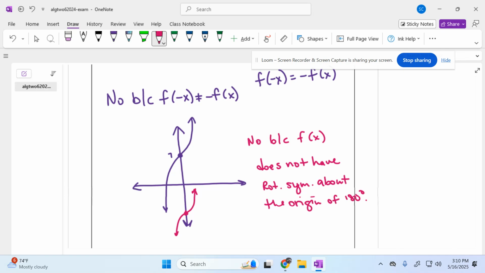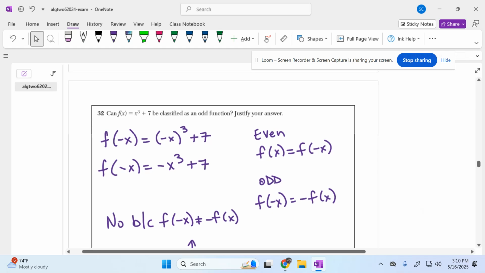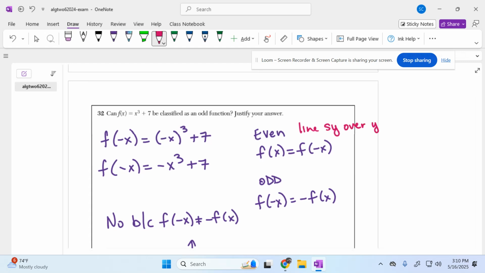Now again, since we're reviewing, if this was asking about an even function, graphically speaking, this has line symmetry over the y-axis. Odd functions have point symmetry about the origin. Remember, point symmetry is just the fancy way of saying 180 degrees of rotational symmetry.